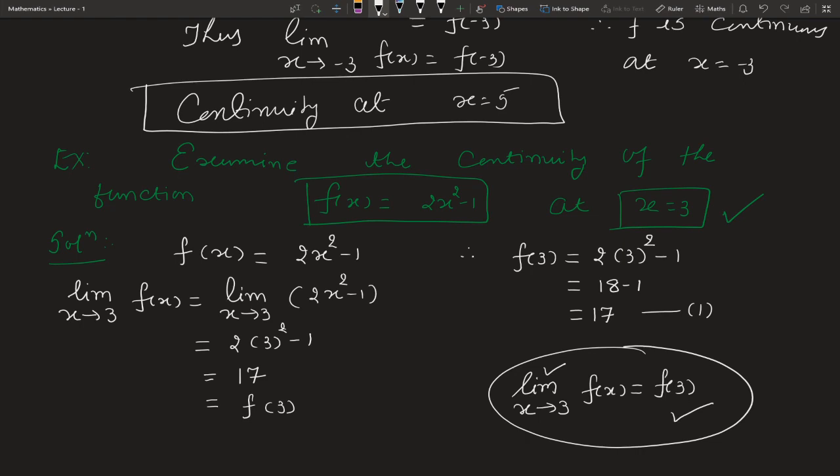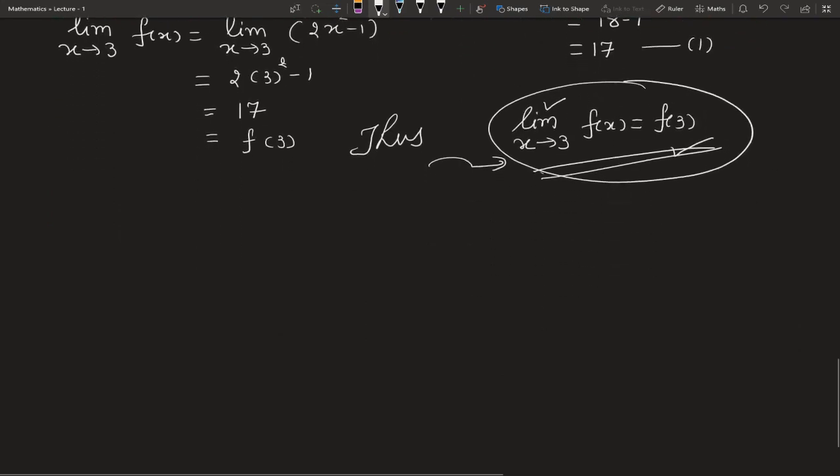So thus we have proved limit x tends to 3, f of x equal to f of 3, and therefore f is continuous at x equal to 3. So we have checked the continuity of the function at x equal to 3. Next example.